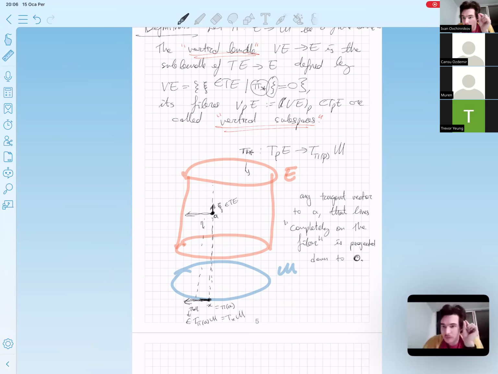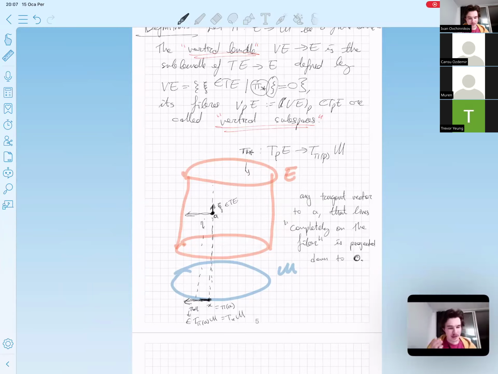And the point is that this is completely uniquely determined, right? If you know your fiber bundle and you know how the fibers go, then you can always look at all the vectors that point in the direction along the fiber, and so that's completely uniquely defined, right?